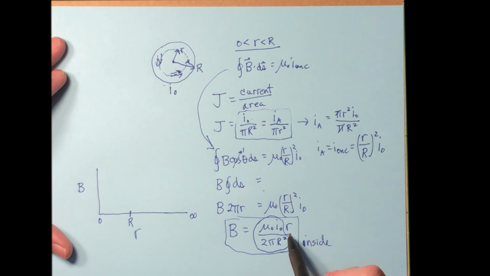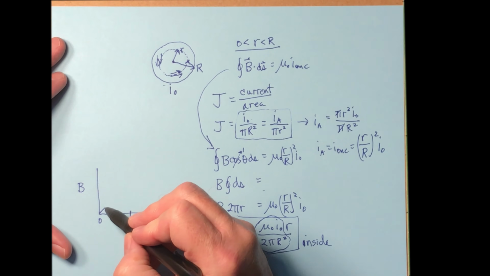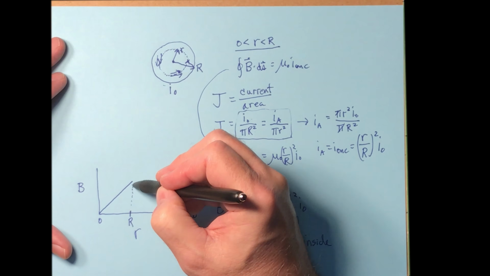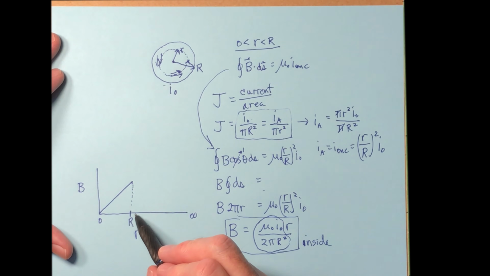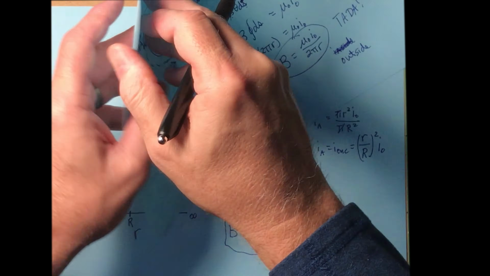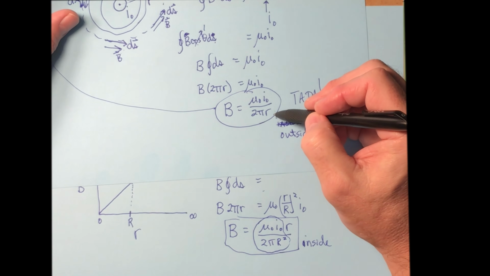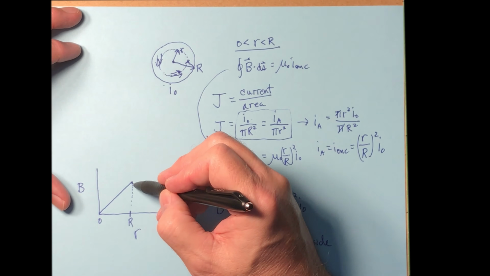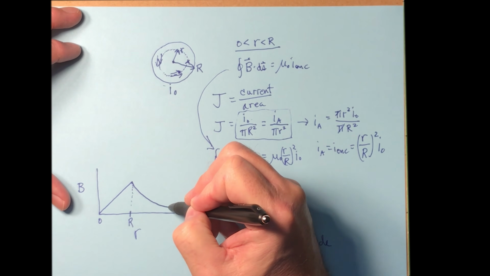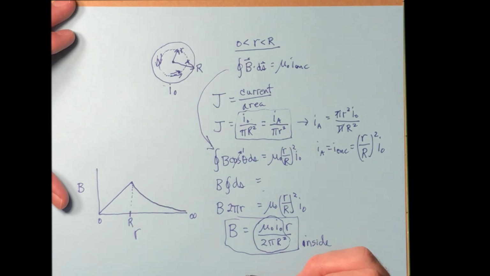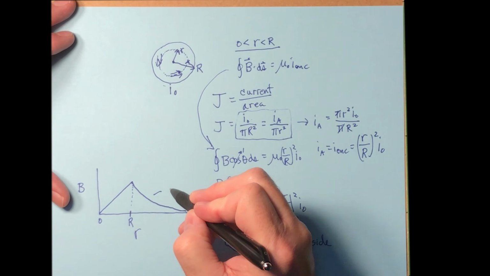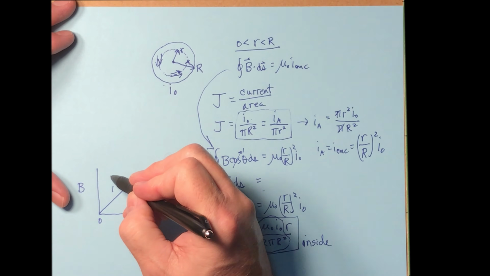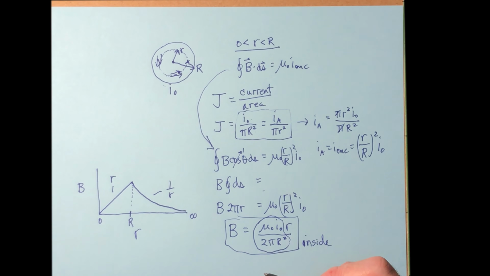It's directly proportional to r, so it's going to be a straight line that goes up like that until you get here to big R. And then after that, the relationship becomes a 1 over r relationship. So that falls off and looks like this and reaches 0 in the limit. So this one is a 1 over r relationship. This one is just an r relationship.